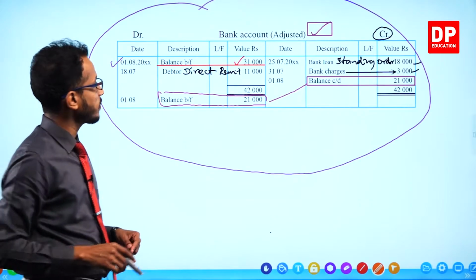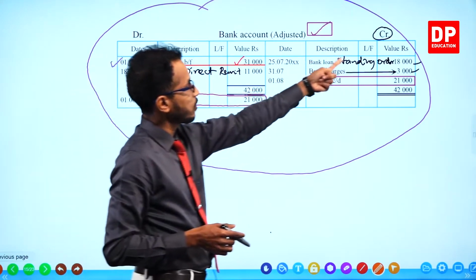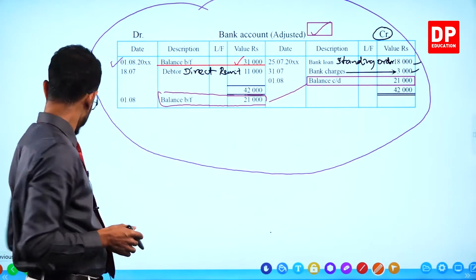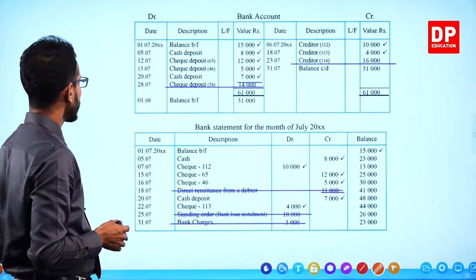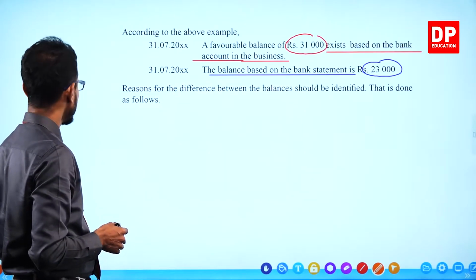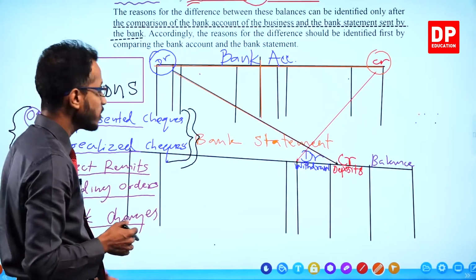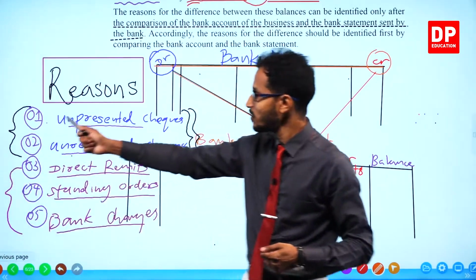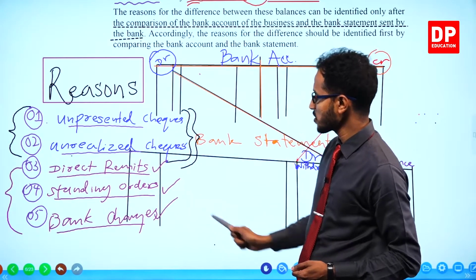Just before we go to that question, one quick reminder. Now you know that we have taken direct remittances, standing orders and bank charges.